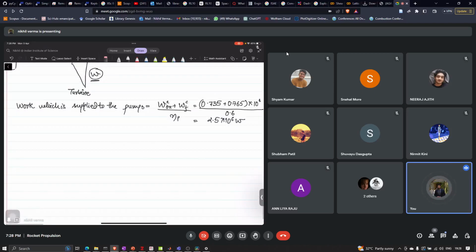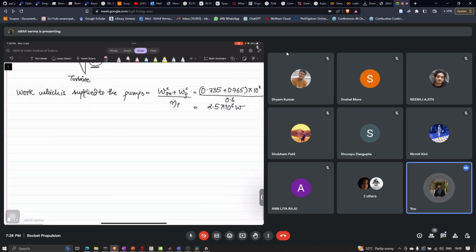Okay, so the power input to the turbine will be equal to 2.5 10 to the power 6 divided by the efficiency of the turbine, which is given as 0.8, which will be 3.125 into 10 to the power 6 watt.